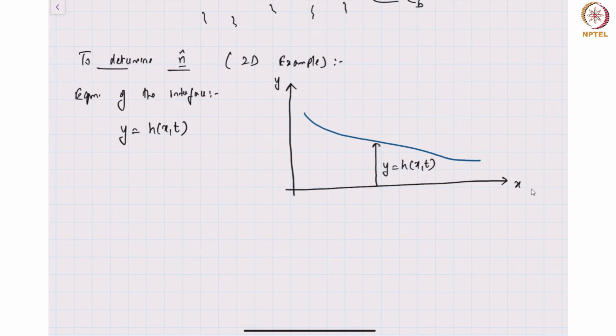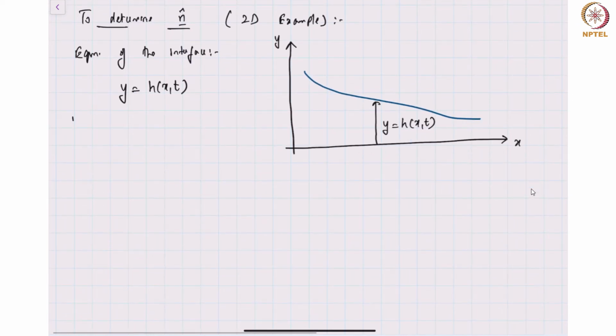Now we can define a new function. Let's call it capital F, which I'll define in such a way that F of x comma y comma t is 0, such that this function F is identically 0 on the interface. If you're above the interface, F is greater than 0, and if you're below the interface, F is less than 0.